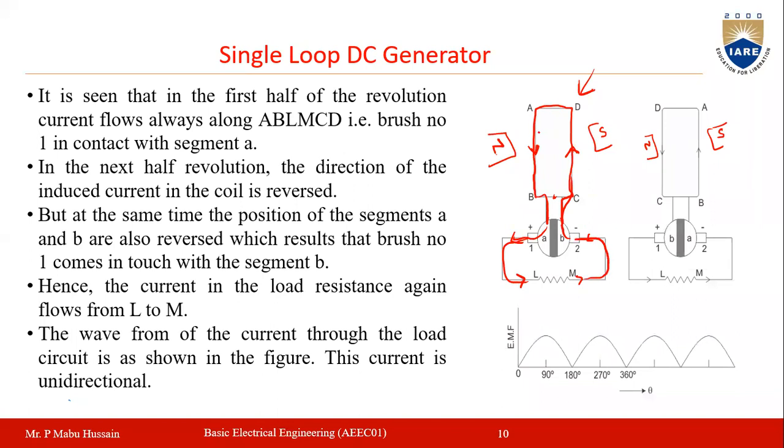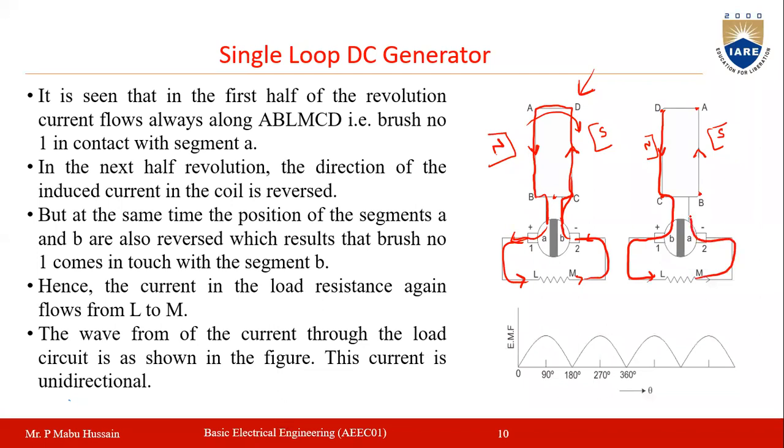Now after this loop rotates another 180 degrees, AB will come under the south pole and CD will come under the north pole, right? The current under the north pole will be downward, and under the south pole it will be upward. Now if you observe the direction of current, through B you are getting current like this.